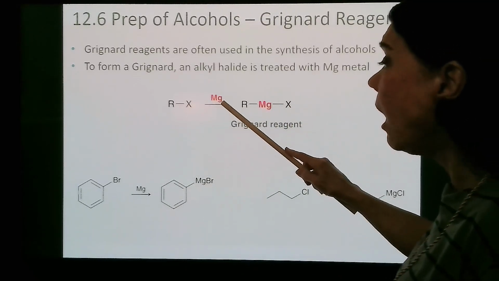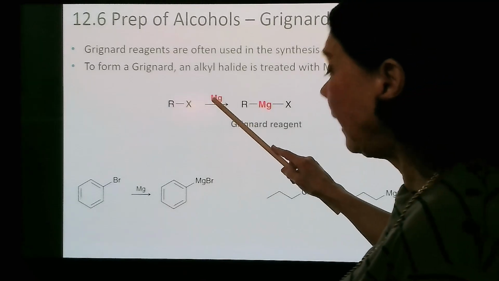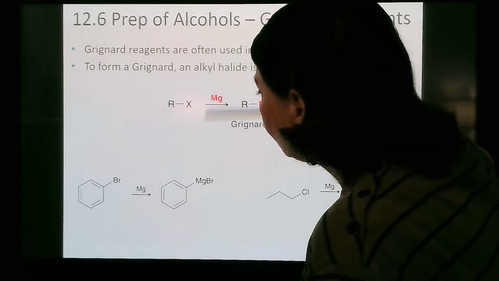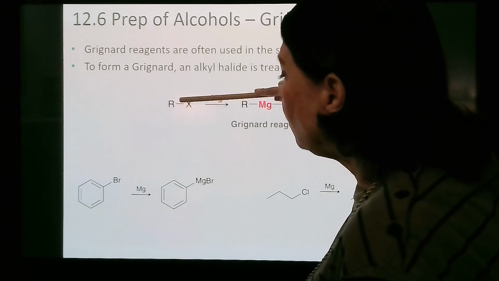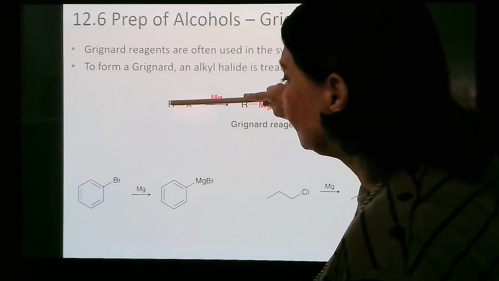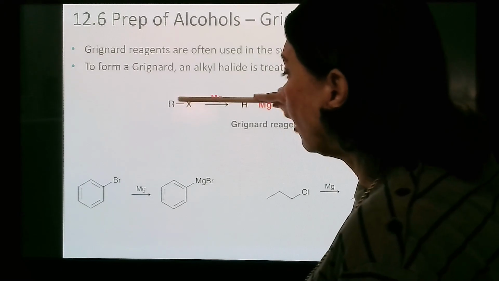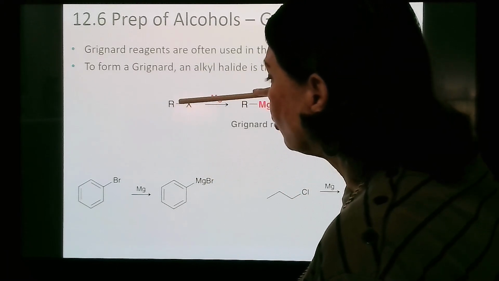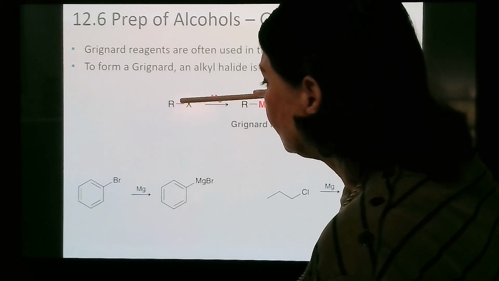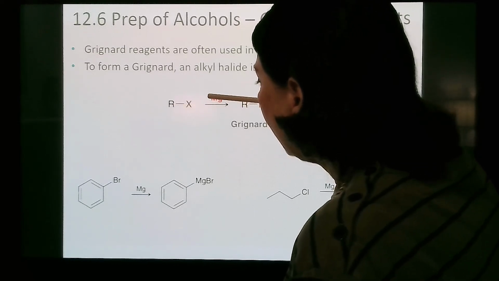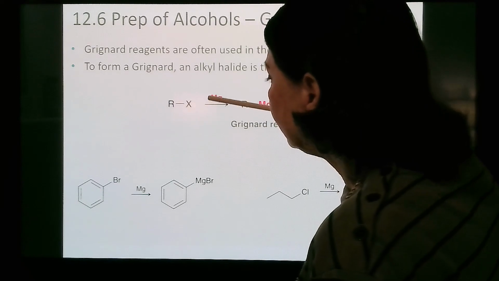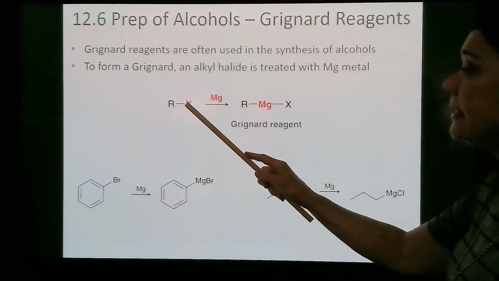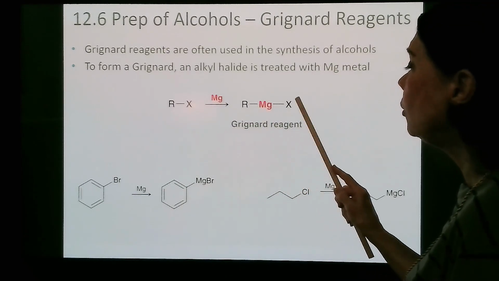Now, what's going on here, the way you would draw this mechanism, is you would draw a pair of electrons on magnesium, and you have a pair of electrons in this carbon-halogen bond. This pair of electrons would attack magnesium, and the pair of electrons from magnesium would then attack X. And so you're breaking one bond and forming two new bonds.